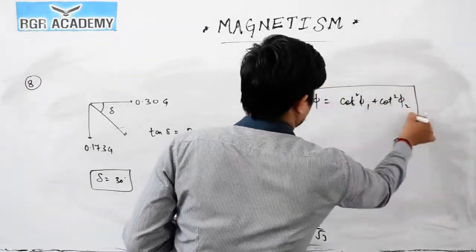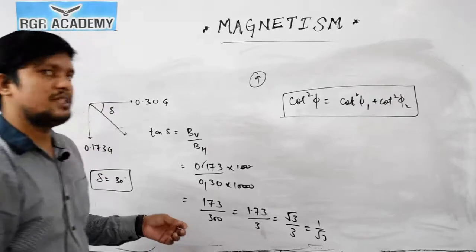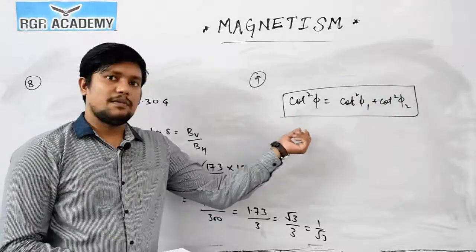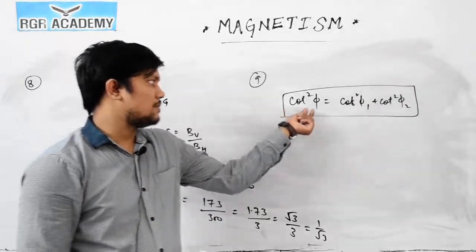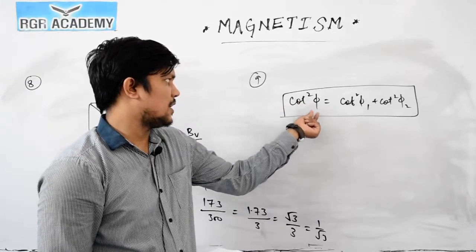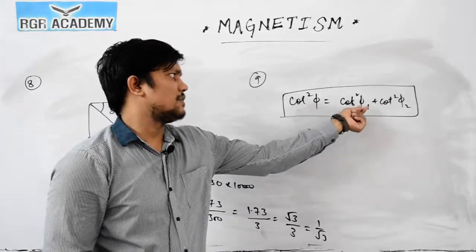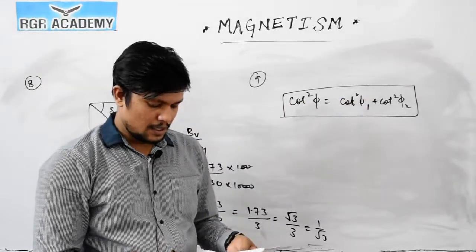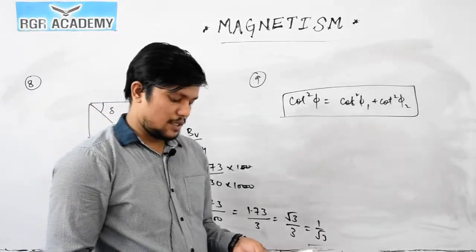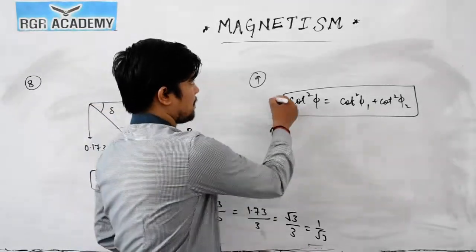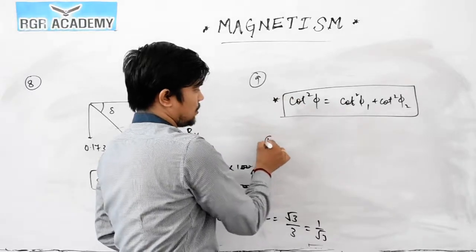So this is the formula. You should remember, this question was asked in previous years also. So it is better to remember the formula. So for this question option number 1 is correct, important one. Now question number 10.